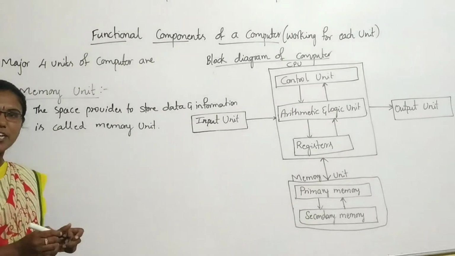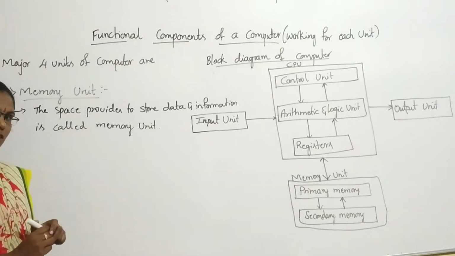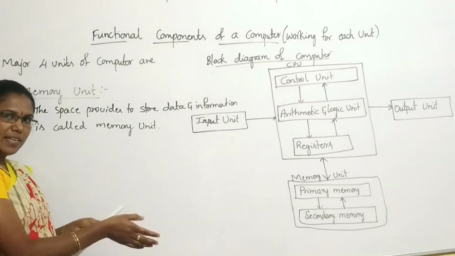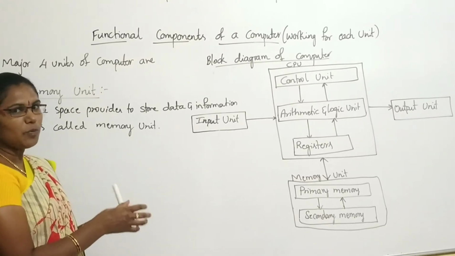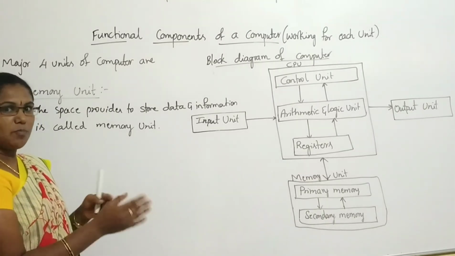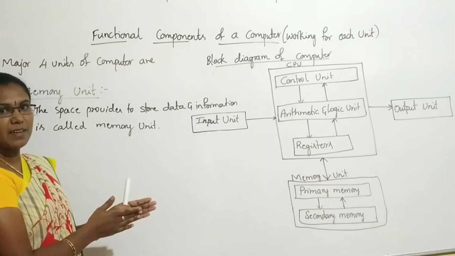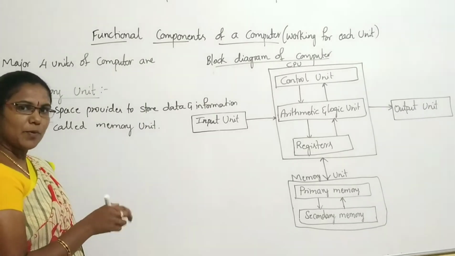The space provided to store the data and information, means it will store the input data as well as it will store the output information. Understood? Input and output both should be stored in a space called the memory unit.